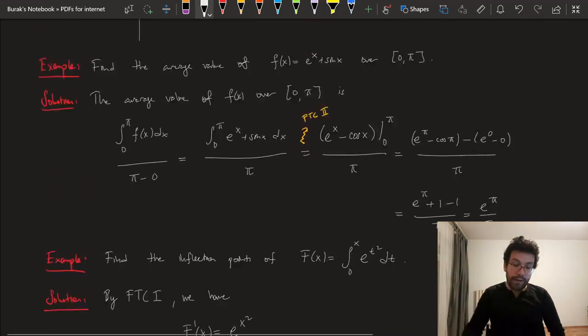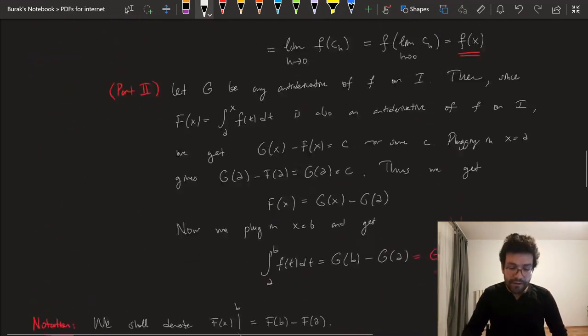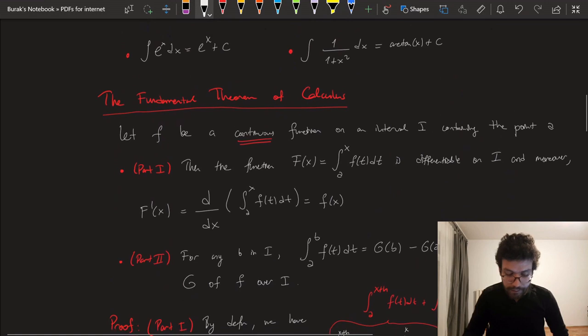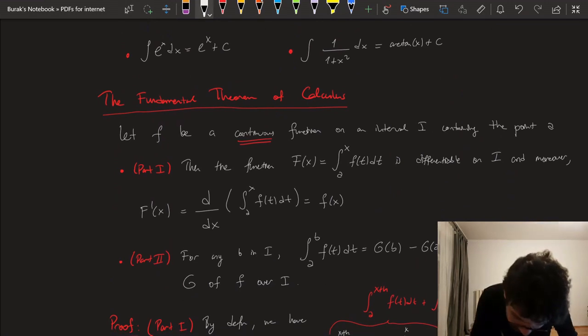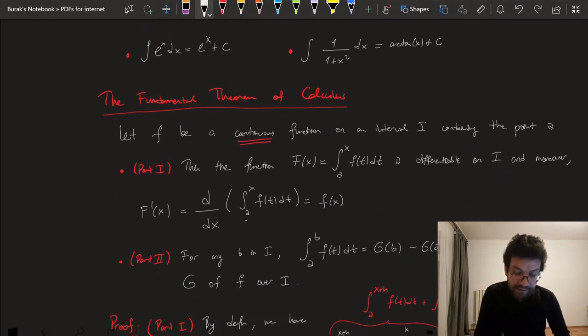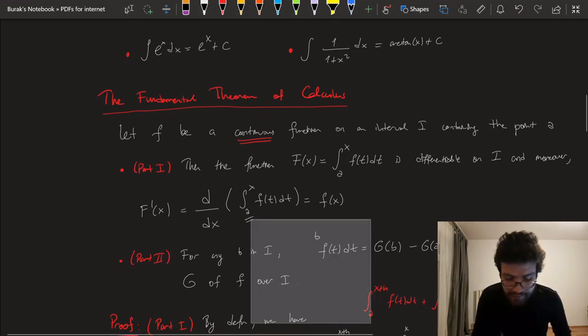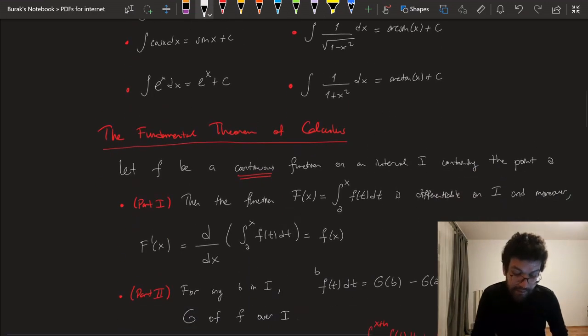Now, the first part of the fundamental theorem of calculus tells you that if you have a constant here, and it is imperative that this is a constant at the bottom, it's not the upper limit, it's the lower limit, and if you have x here, then the derivative of the function defined by this definite integral is this integrand.